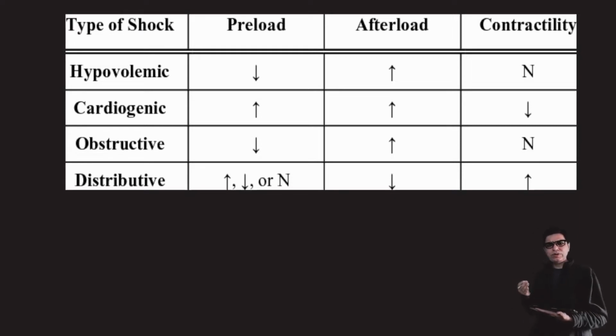And then the distributive, in which the body fluid is distributed in such a way that there is peripheral pooling of the blood, which happens in septic shock or anaphylactic shock. And then we were taught that in these cases, in one the preload is decreased, in another it is increased, and the same goes for afterload and the contractility of the heart.